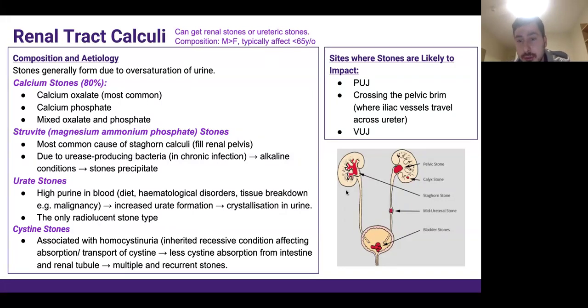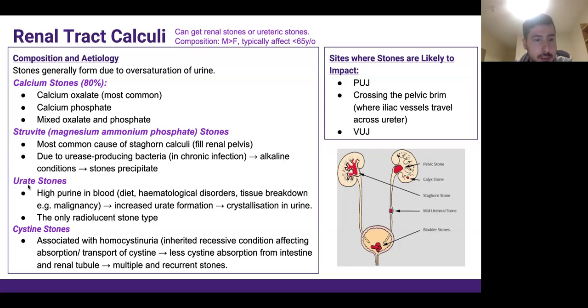And if you look on this image on the right, these are ones that fill the renal pelvis completely. And the important pathogens that are associated with staghorn calculi include ones that produce urease. So that includes Ureaplasma and Proteus. So you might find in question stems that this will be the giveaway that it's a struvite stone.